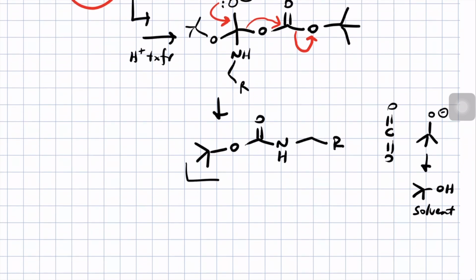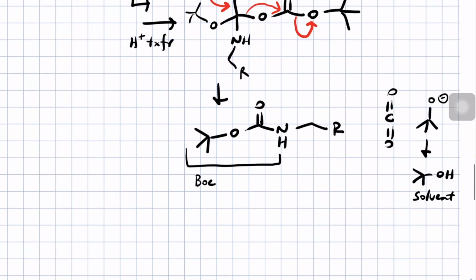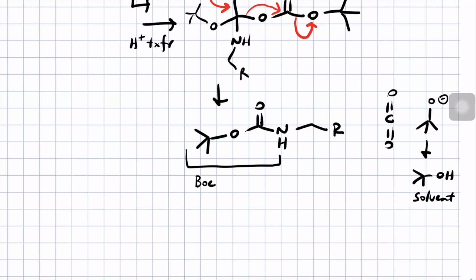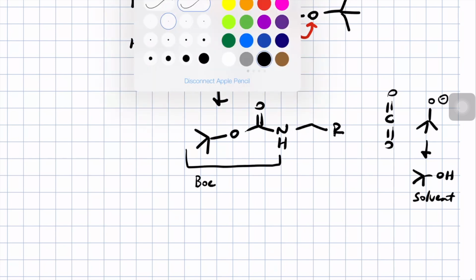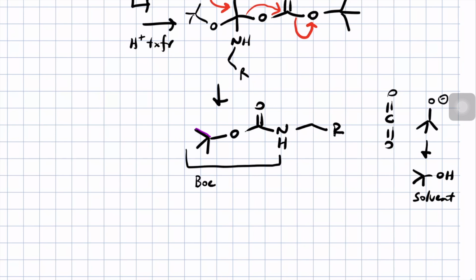This group here on the nitrogen is the Boc group, where you have a carbonyl carbon that's involved with an ester on one side and an amide on the other.